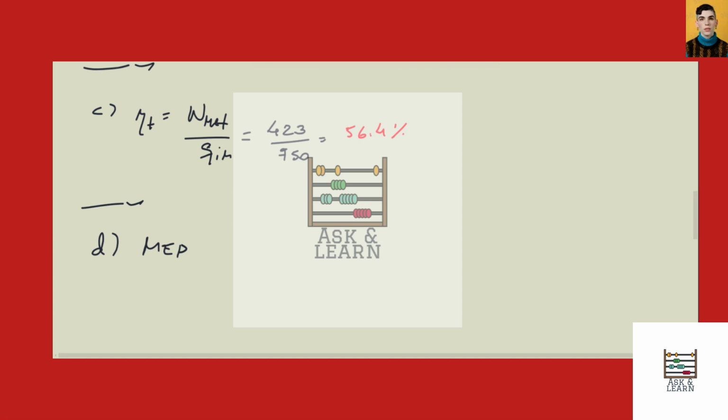And finally, item D, which is the mean effective pressure. The mean effective pressure is just the net work divided by the change in the effective volume, V1 minus V2. So this is going to be equal to the net work divided by V1 multiplied by 1 minus 1 divided by r, which is the compression ratio.